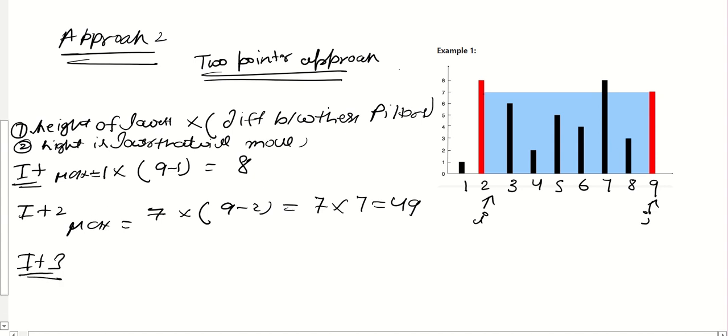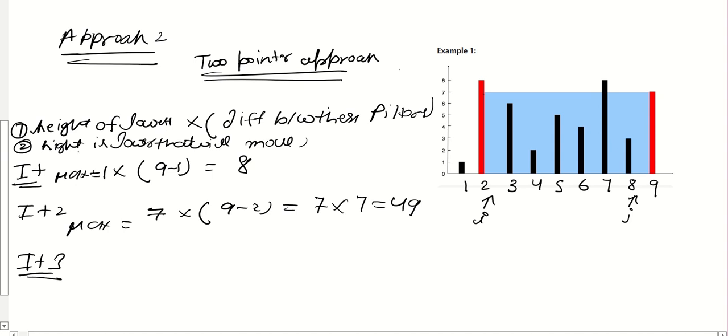In iteration 3, whichever height is lowest, that will move. In our case the jth height is lower, so j will move. So here j will be over here. Now if you notice, first time we incremented i by 1, second time we decremented j by 1.